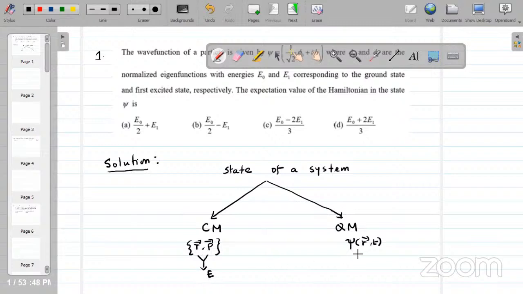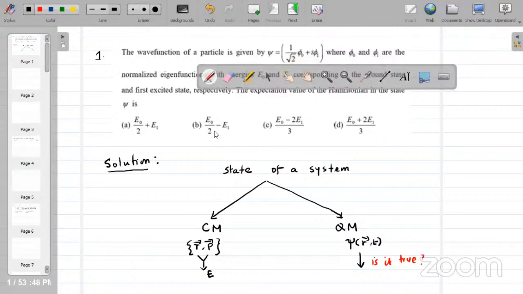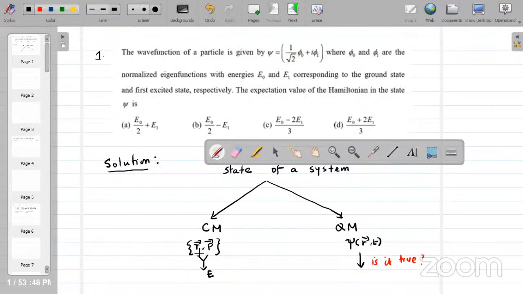Is it true for psi? For any psi, is there a unique, well-defined energy value? I'm asking: for a given r and p in classical physics, we can define a unique energy value. For a given psi, is it possible to define a unique energy value?